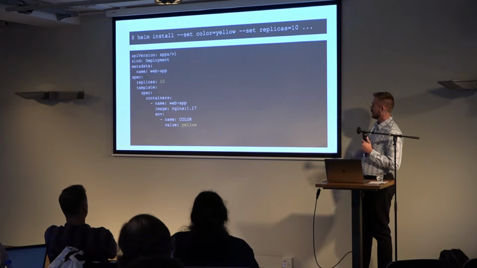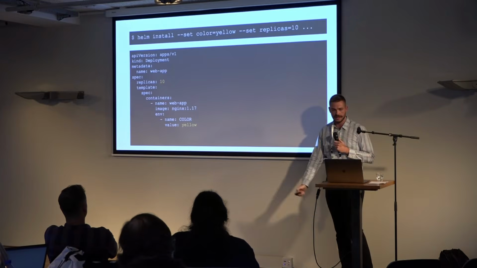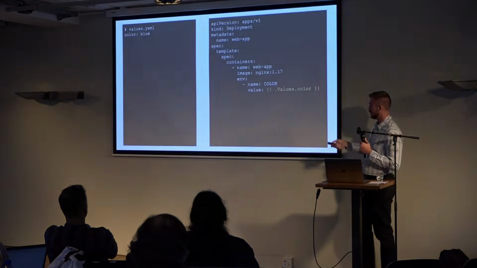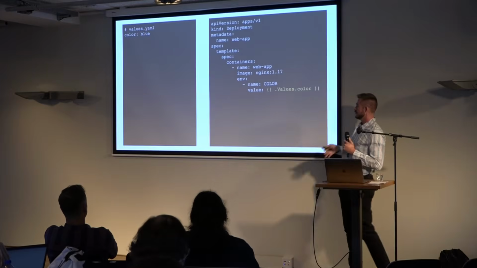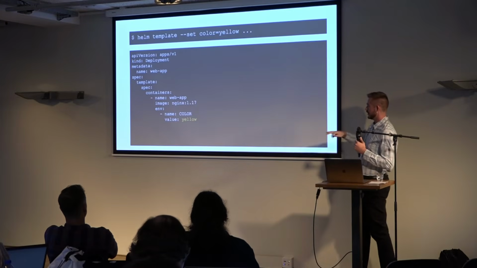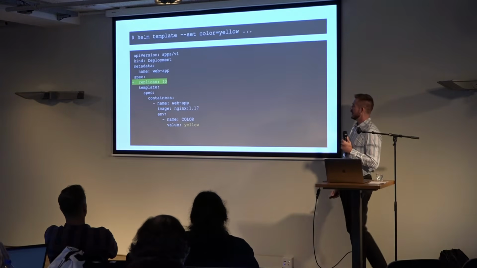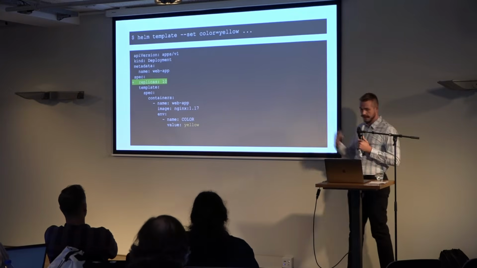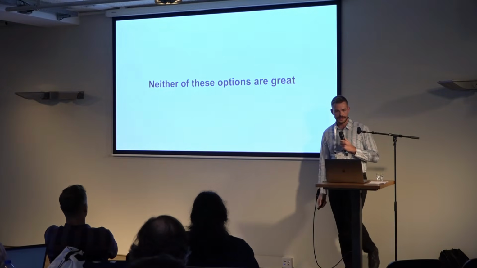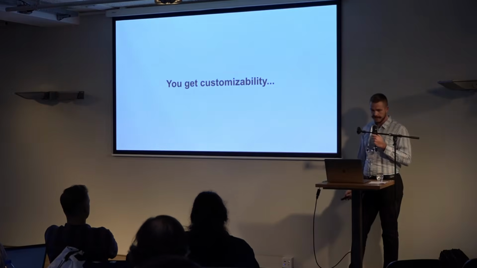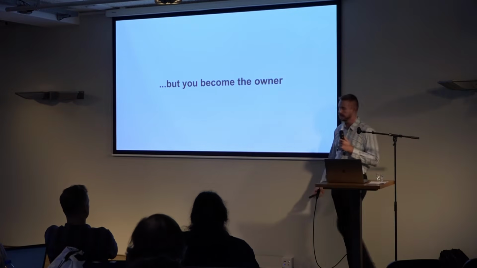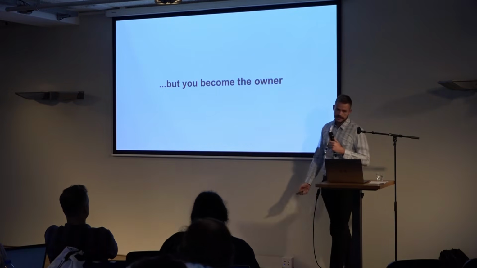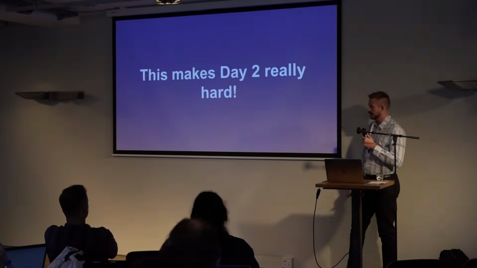Otherwise, you can template it out and then change it. So take the chart, don't modify it, template it out, get your color in, and then just modify the YAML at the end and add the replicas. Neither of these options are great. You get customizability, but you become the owner. And this makes day 2 really hard.